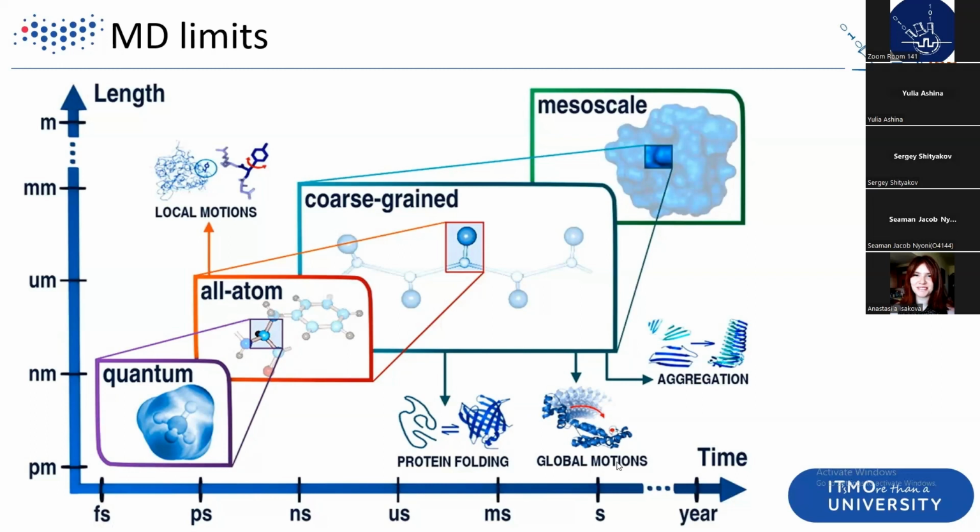Molecular dynamics is also important to be integrated in different chemoinformatics pipelines, like pharmacophore development and drug design. And people are trying to combine these two.